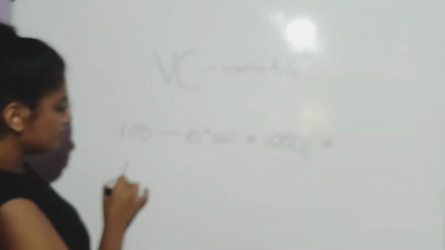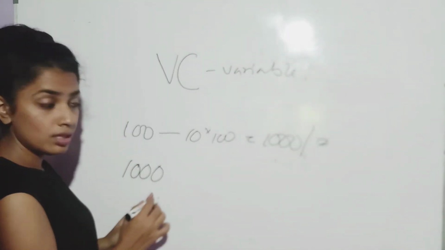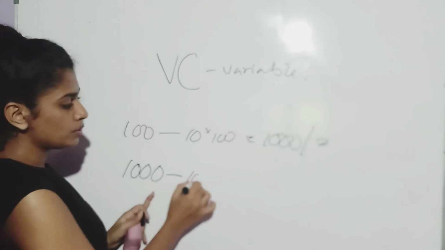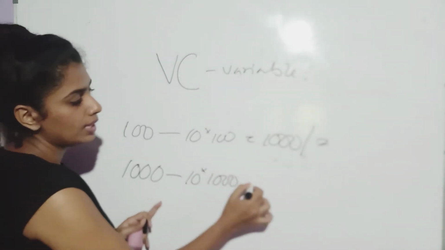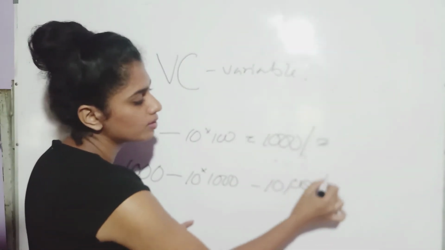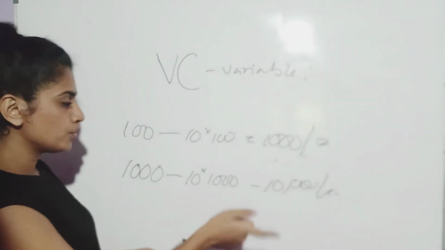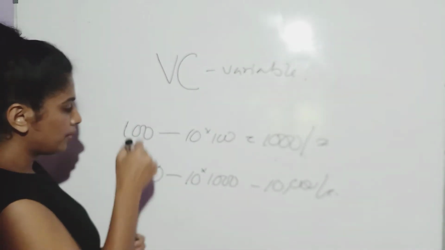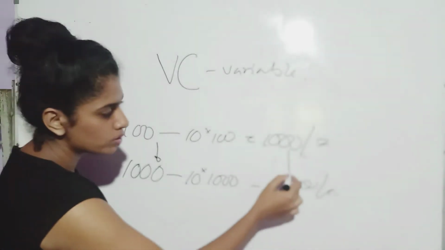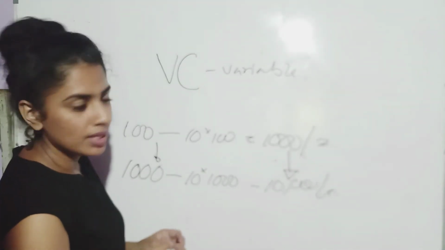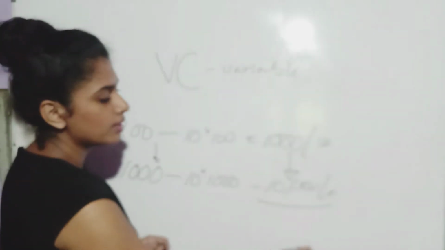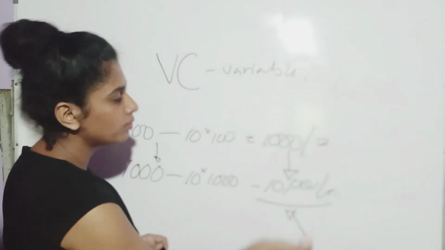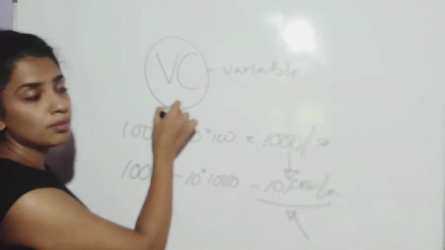In the second month, you are producing 1,000 packets. So you need to spend 10,000 for your pot mixture. You see, when you increase the production, your cost also increases. So the cost for the pot mixture is a variable cost.